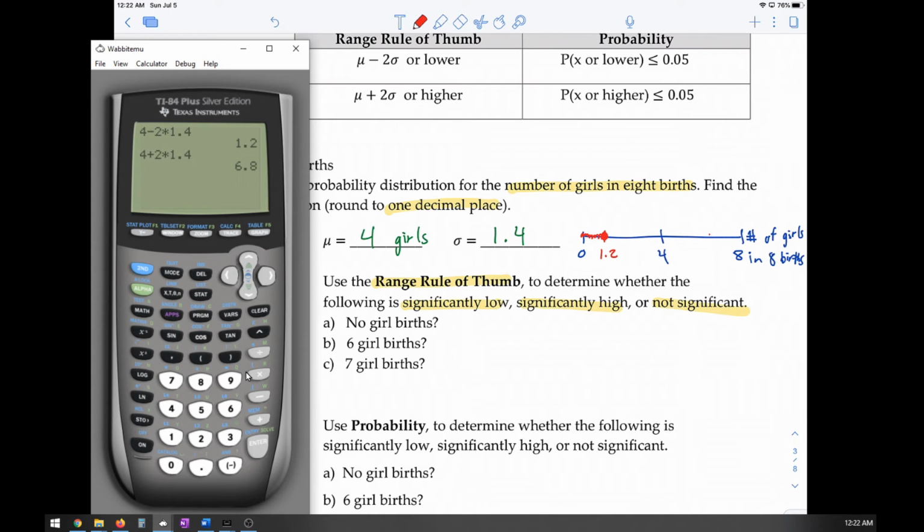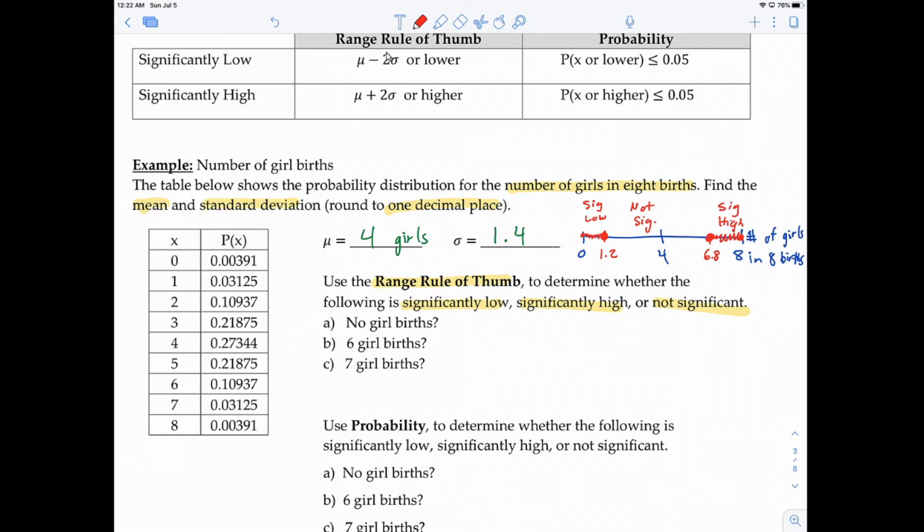So this is significantly low, this is significantly high, and right in the middle would be not significant. This makes intuitive sense because, to state it simply, when having 8 kids, we would expect half of them to be girls.